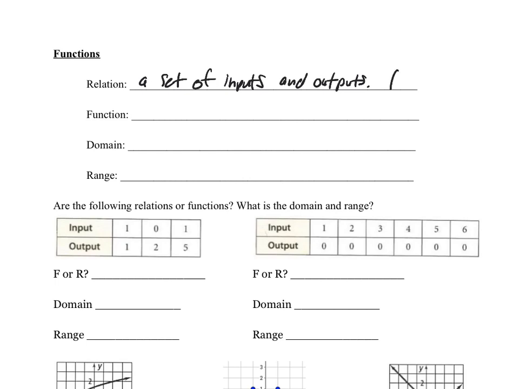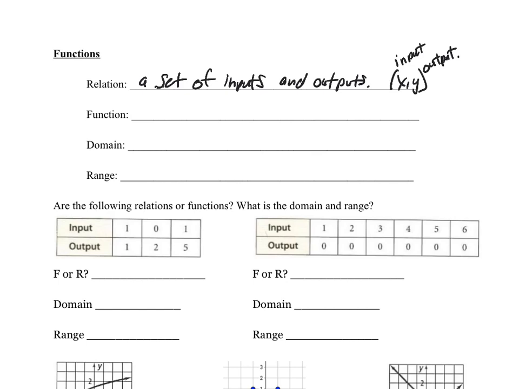Typically denoted using an ordered pair, like x, y, where x would be the input and y would be the output. So a relation is just a very general thing in algebra. It's just any set of inputs and outputs.